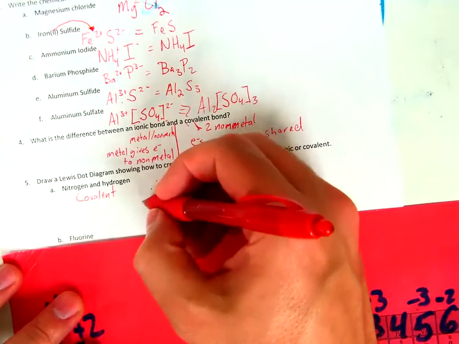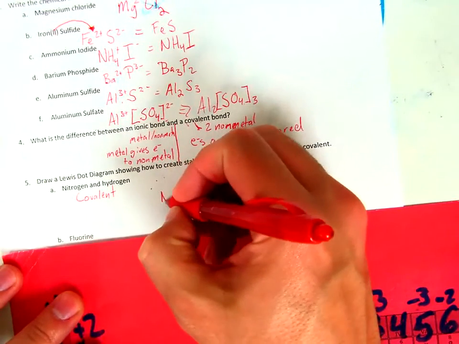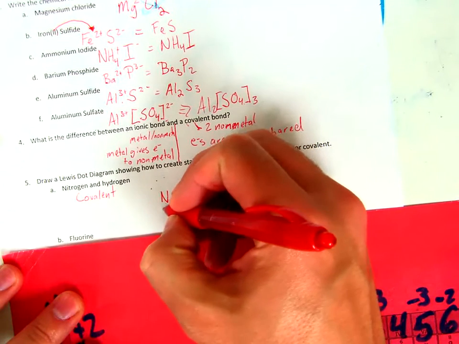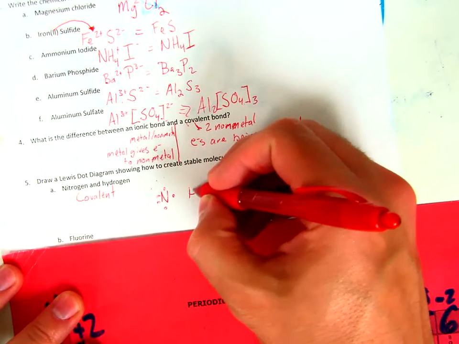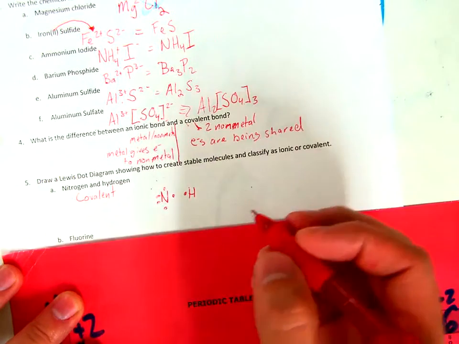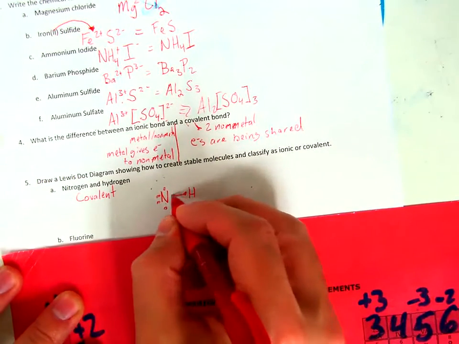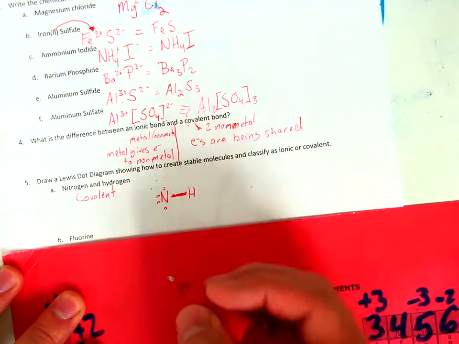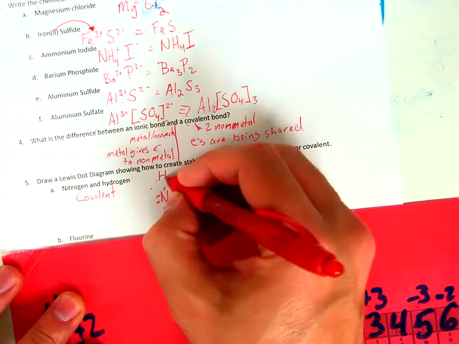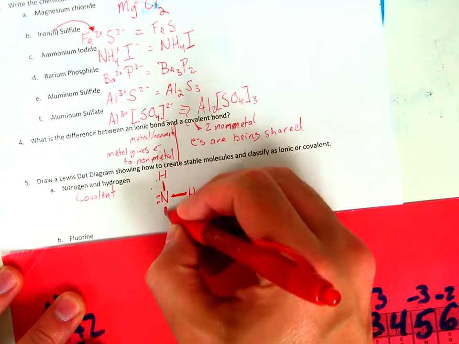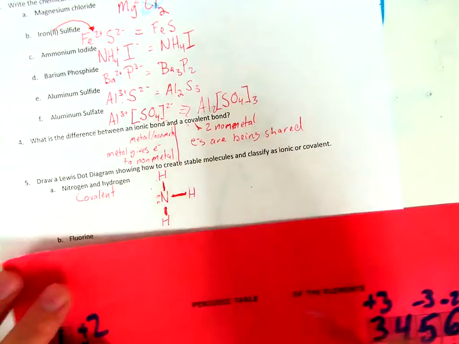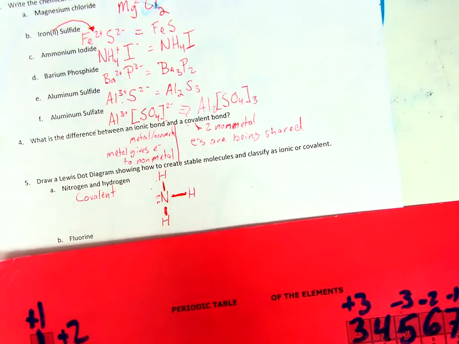So when we draw it out, nitrogen has 5 valence electrons. Hydrogen has 1, but it only wants 2. So it's going to share instead of give, and it's going to share instead of take. So we would get NH3, something like that. If I pause real quick, run over here.